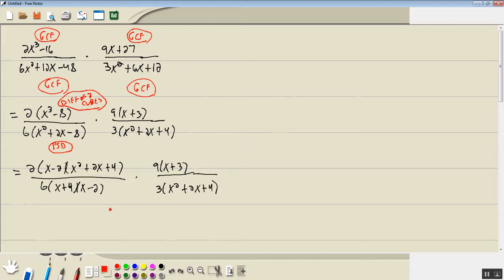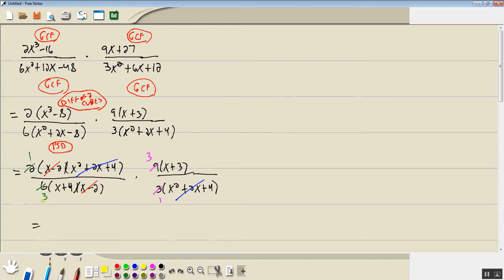Now let's see what can cancel. X minus 2 cancels that x minus 2. This x squared plus 2x plus 4 cancels this x squared plus 2x plus 4. 2 and 6 are both divisible by 2. 2 goes to 1, 6 divided by 2 is 3. Do I have anything else to cancel? Oh, the 9 and 3 here. 3 divided by 3 is 1, 9 divided by 3 is 3.